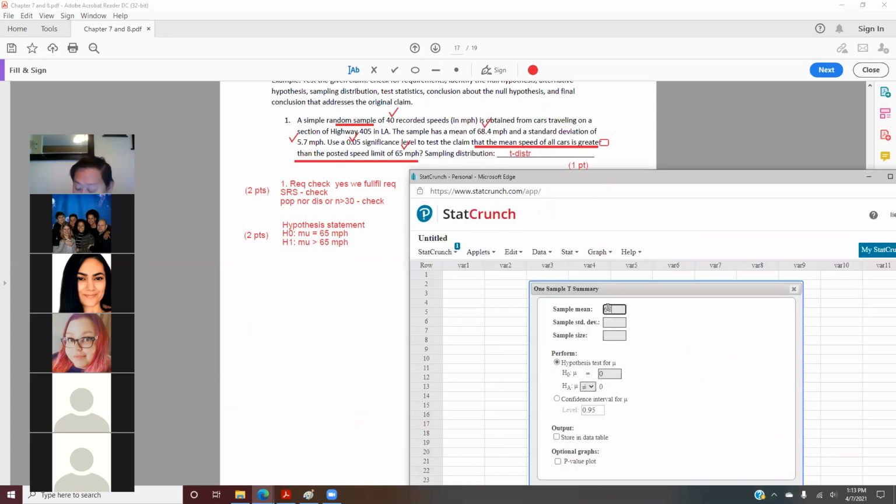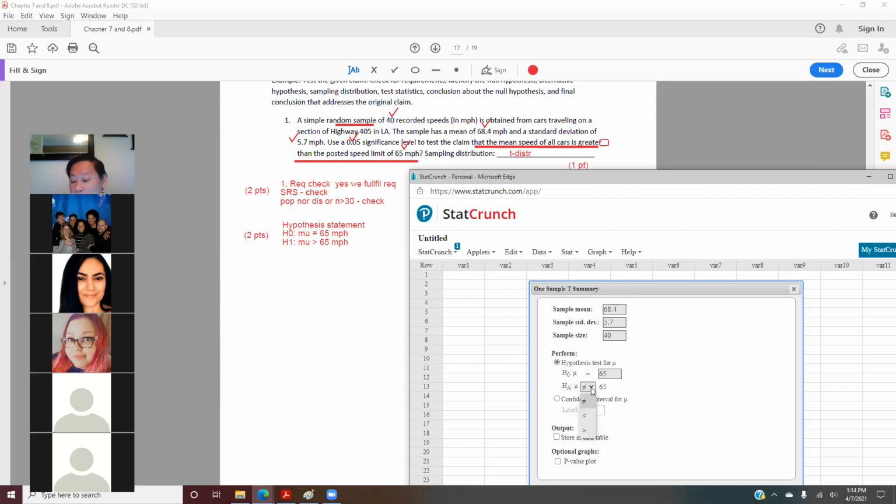Do not round this number. Sample standard deviation is 5.7, and the sample size is 40. Then your claim value, or testing value, is 65 miles per hour.